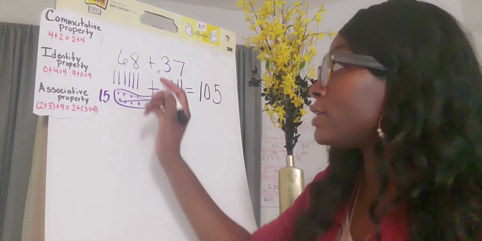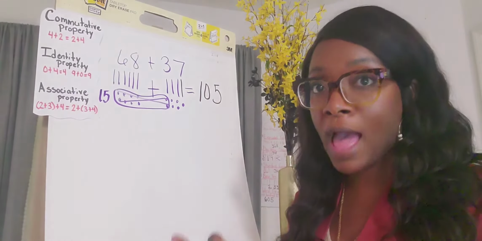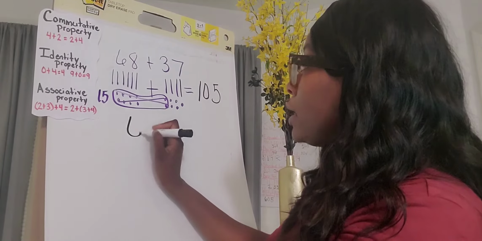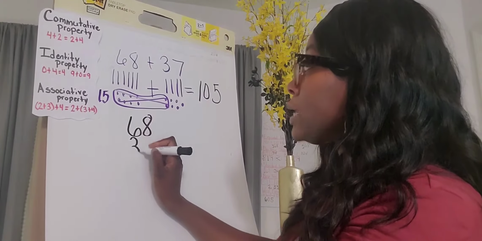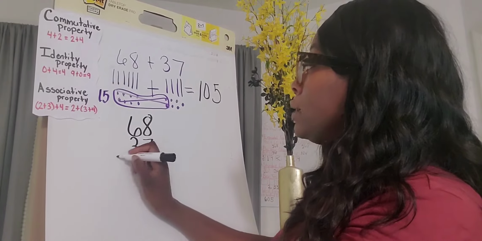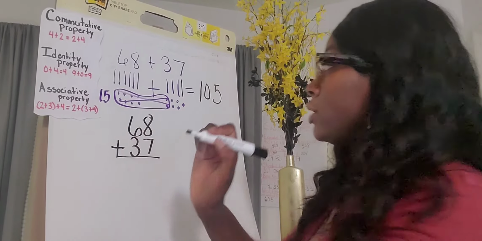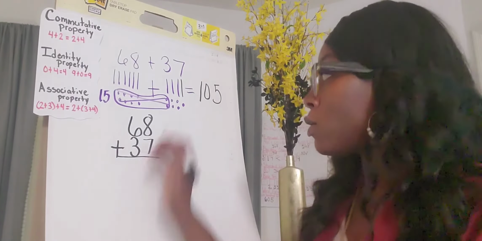Now, let's try this same problem, but this time we're just going to line them up and write it vertically. These numbers are already in standard form. I'm just lining up my ones and my 10s for 68 and 37. And I'm adding those. So what place do we always start off adding? Ones.